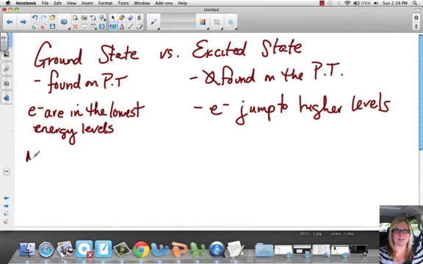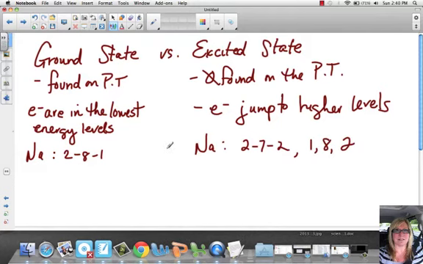So, for example, sodium 2-8-1, ground. Sodium excited 2-7-2, or 1-8-2. Remember that the number of ground state electrons equals the number of excited state electrons. I had 11 here, I have 11 here.